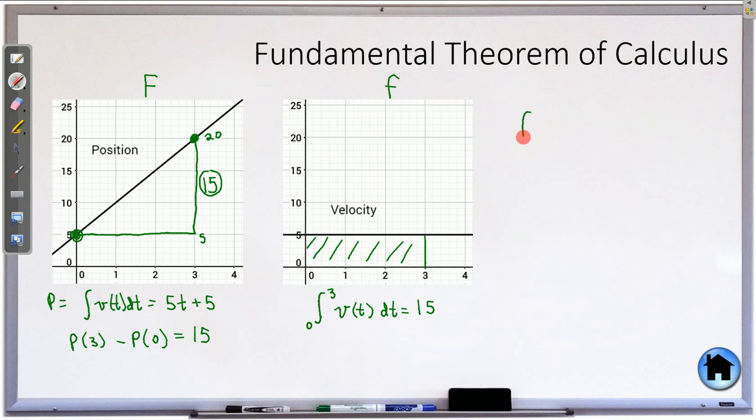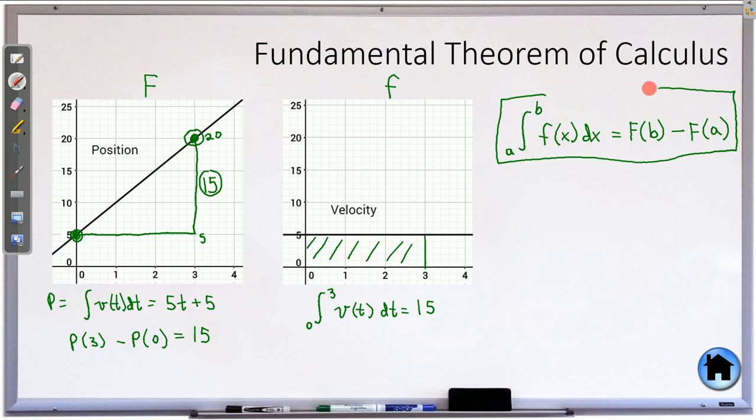So if you want to take the integral of lowercase f, that is the same as taking the antiderivative capital F, taking the ending point, which in this case will be F at b, and subtracting the starting point, which in this case will be F at a. And that, my friends, is the fundamental theorem of calculus.